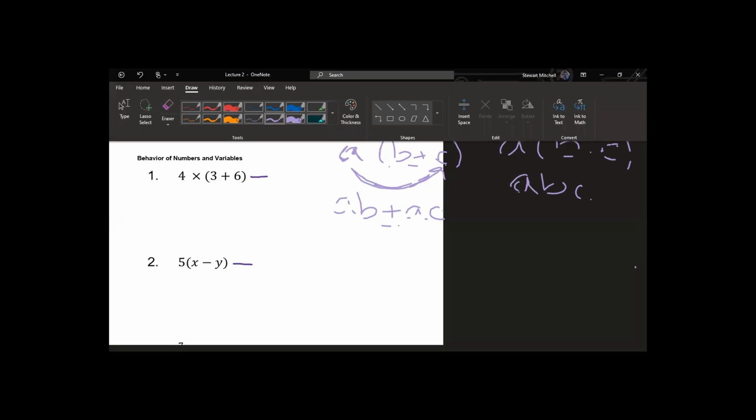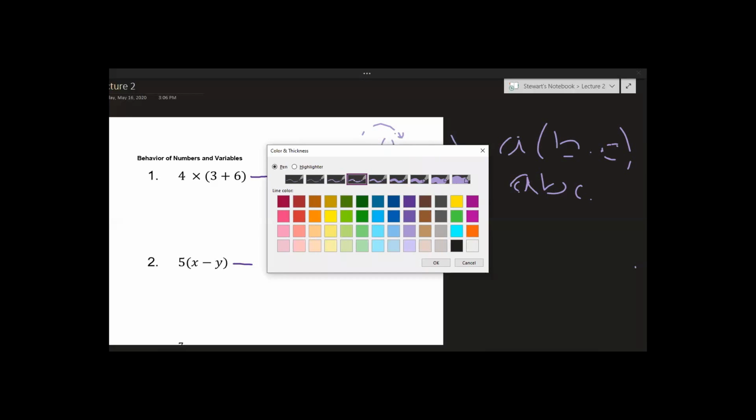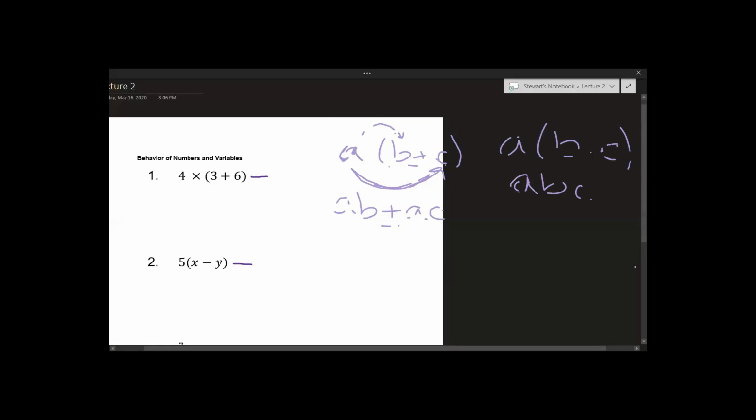For the first one, 4 times the quantity 3 plus 6, you would multiply this 4 to the 3 and to the 6, so you'd end up with 4 times 3 plus 4 times 6, which would give you 12 plus 24, which would equal 36.